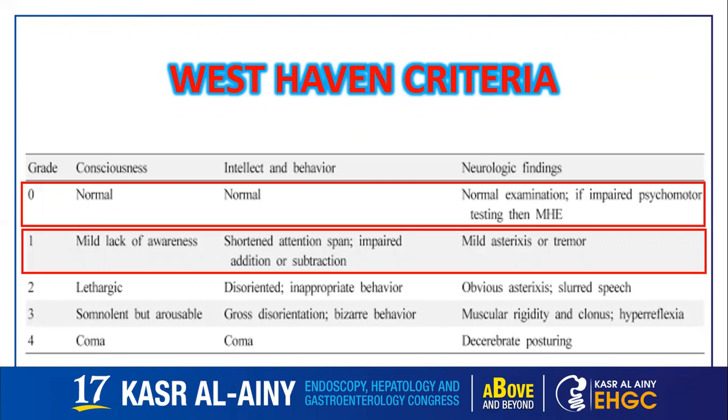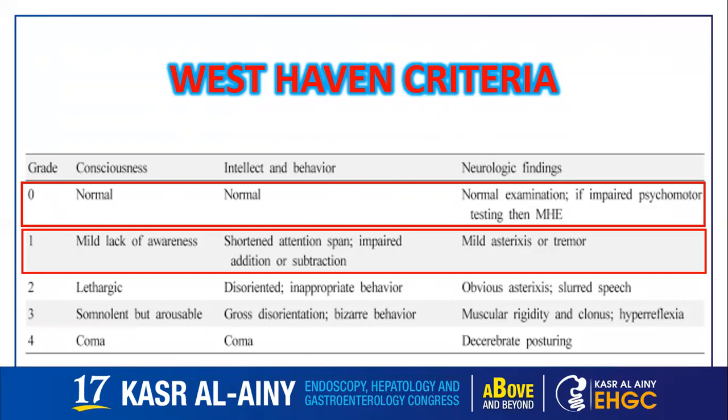Grade 1 is a mild lack of awareness with shortened attention span and impaired addition or subtraction. When we give him mathematical equations, he might be a little bit slow or slurred. Asterixis at that level might not be there. It could be present in a mild form or maybe simply tremors.